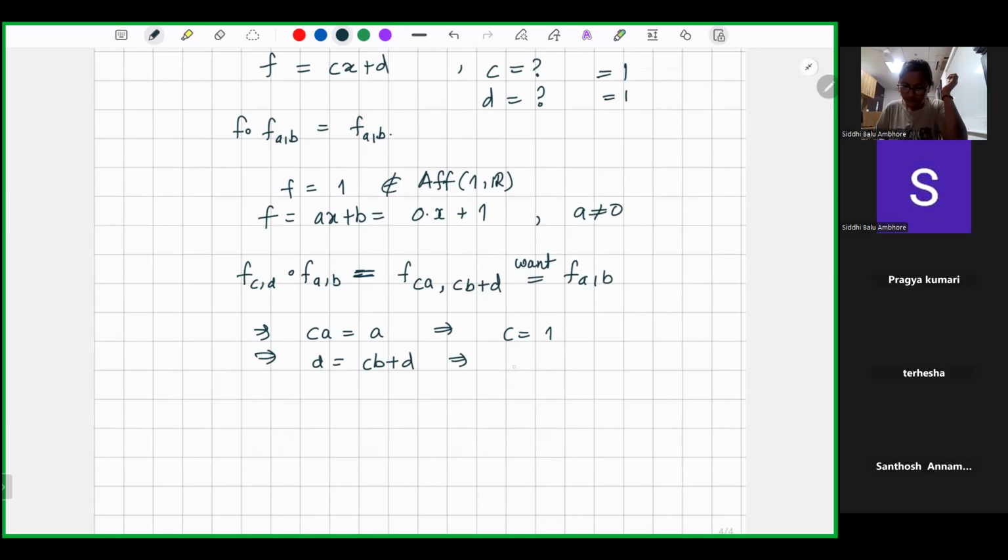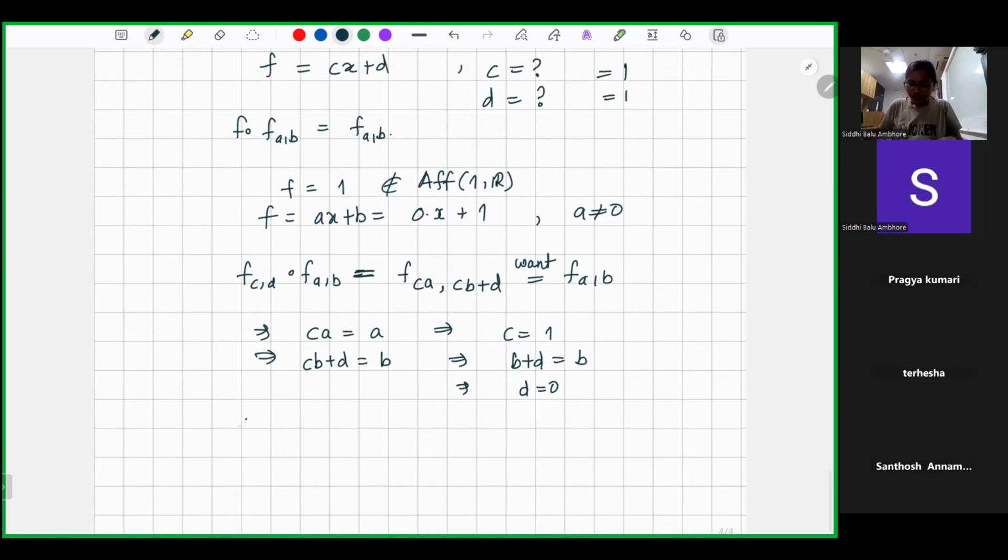Wait, if I compose this, cax plus cb plus d, okay, yeah. So I want, yes, here it is b, right? So I want this cb plus d to be equal to b. So c, we already got, is 1. So I want b plus d equal to b. So I get d to be 0.